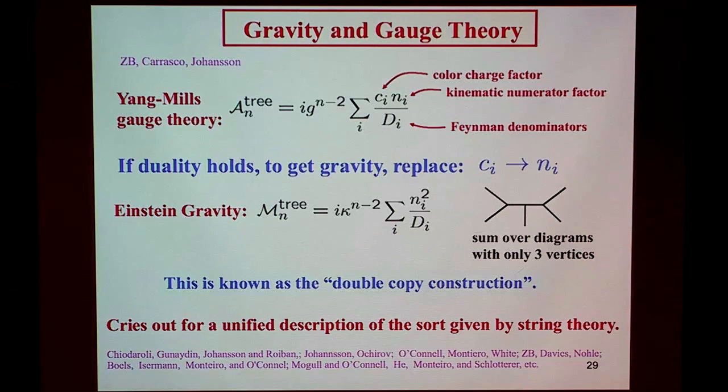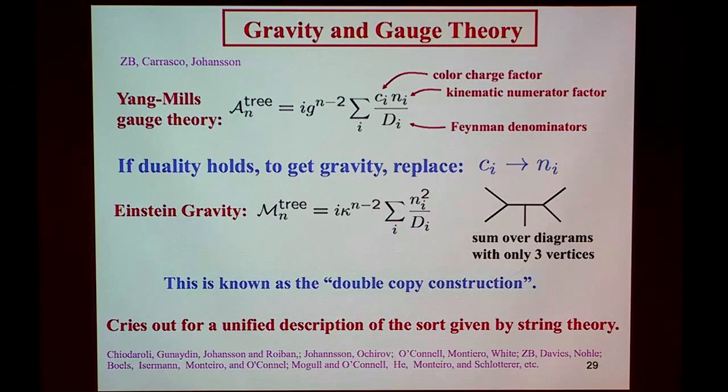If I want gravity, all I do is I take this formula, I take this color factor, I replace it with another kinematic numerator. I replace with a second copy. We call this double copy construction. This gives me Einstein gravity. It's like magic. If I want to calculate in this theory, I actually calculate in the simpler theory.